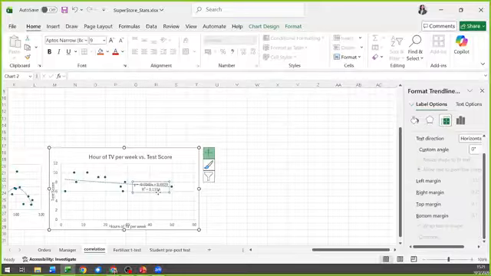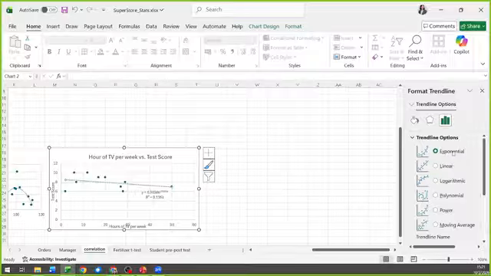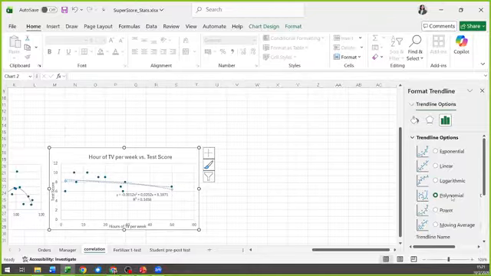Negative. Okay, linear. Okay, let's see, exponential. Not better. Not better. A little bit better. You can choose polynomial or you can choose linear. I think it's quite low anyway.